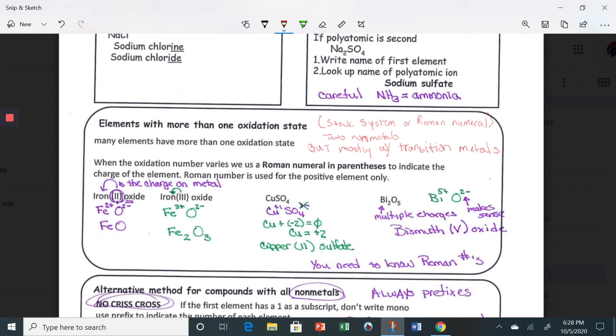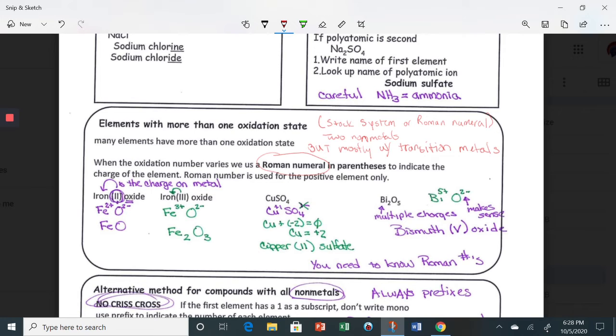So first you have to realize that the Roman numeral is the charge on the element before the Roman numeral. If we look at the examples here, and they're already done out, this says iron 2 oxide.